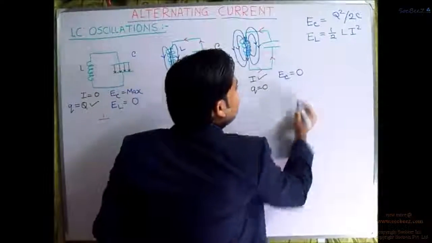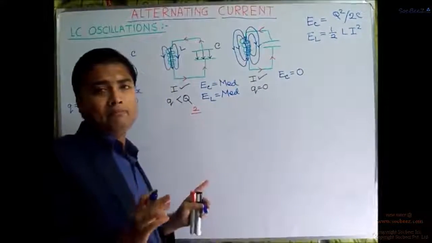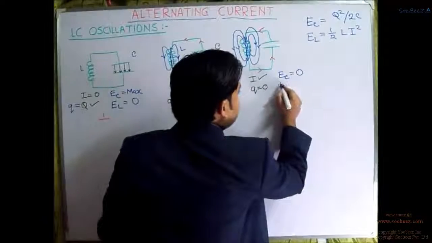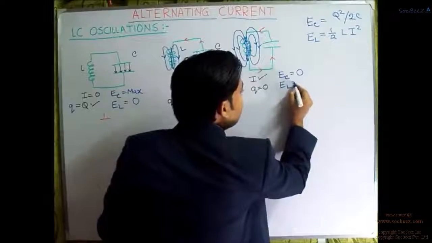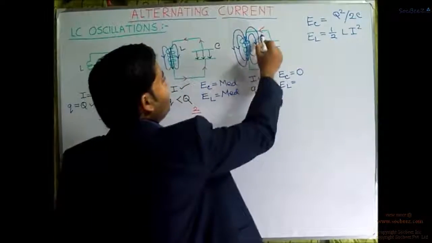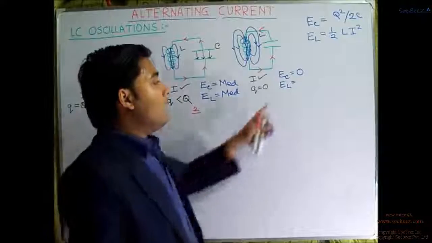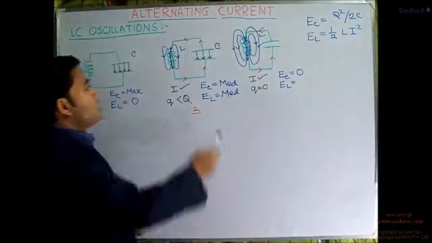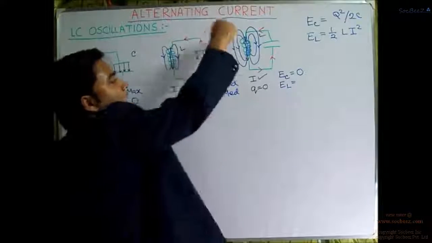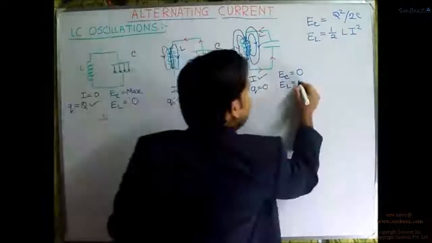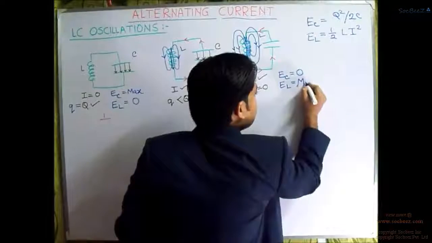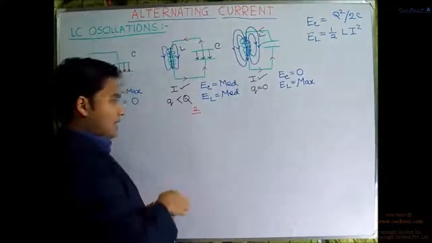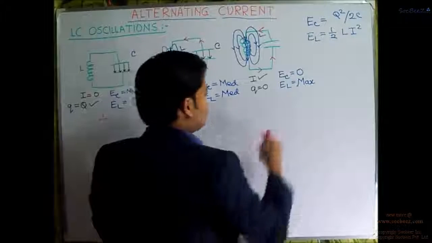So this is the case of the minimum energy for the capacitor. And now for the inductor, the energy associated will be the maximum. As you could see, this was medium, and now this is maximum. And this is the third case.